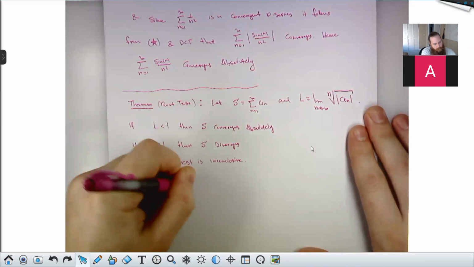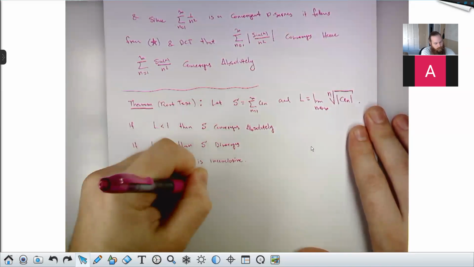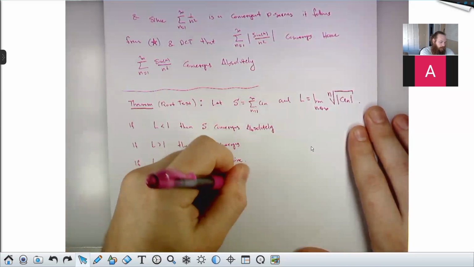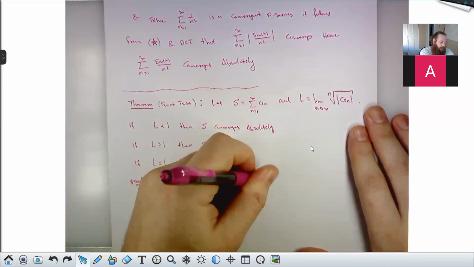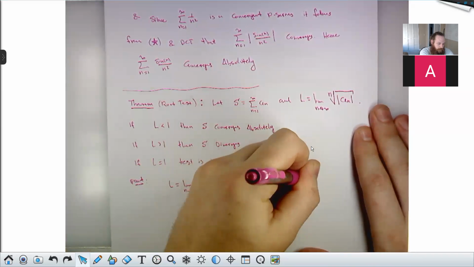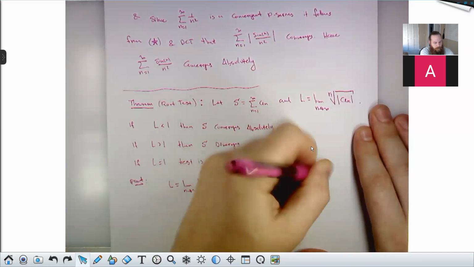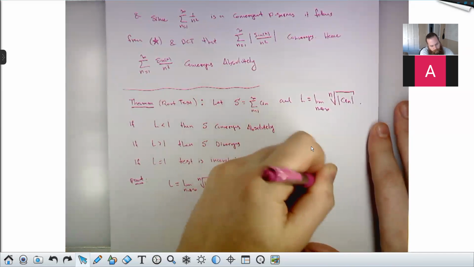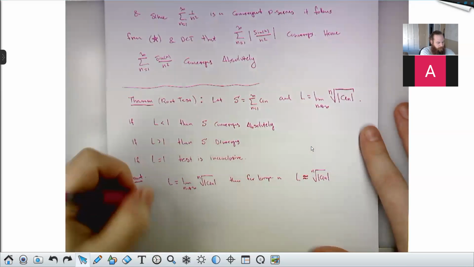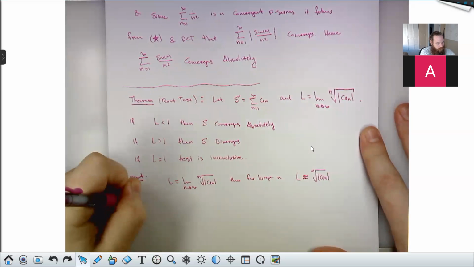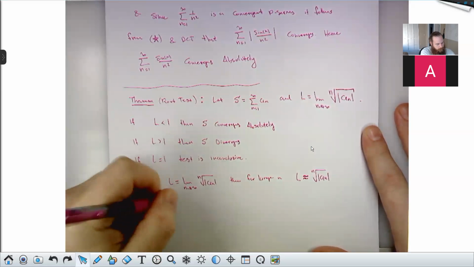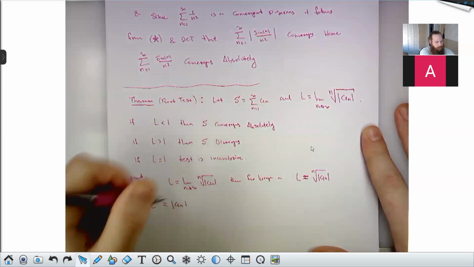If L is the limit as n goes to infinity of the nth root of the absolute value of a_n, then for large n, L is approximately equal to the nth root of the absolute value of a_n, which means L to the n is approximately the absolute value of a_n.